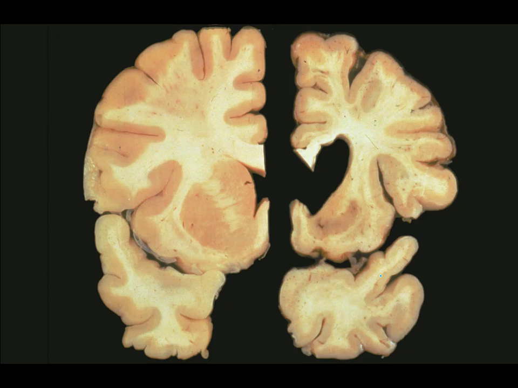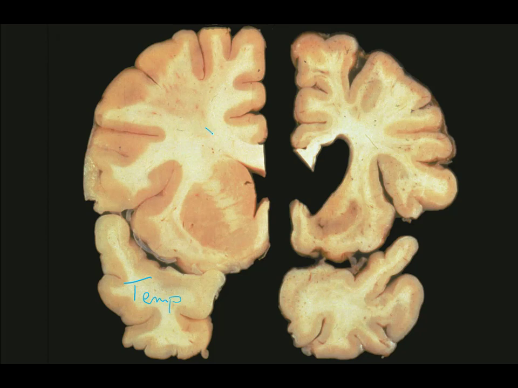So, which is the normal and which is the abnormal? These are two different people. Where are we? Anterior, posterior? Anterior. How do you know? Yeah, shape of the temporal lobe. Okay? So then we've got, down here, this is the temporal lobe, right?